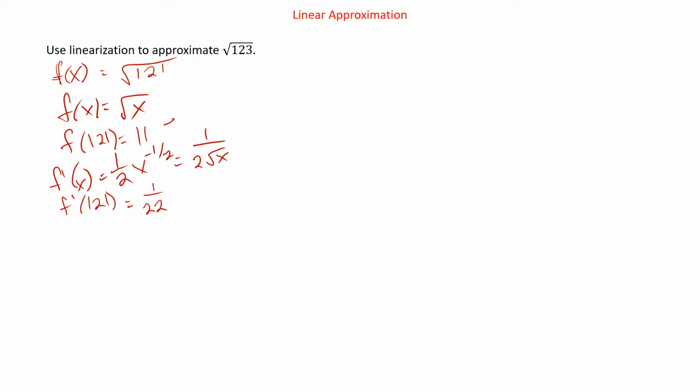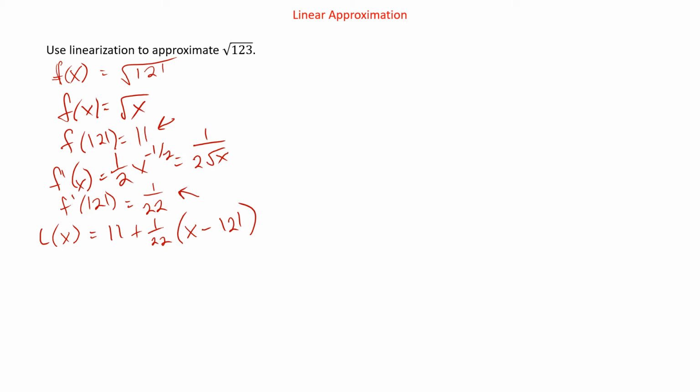So we've got our point, we've got our slope. L of x equals 11 plus 1 over 22 times x minus 121. So it just goes right into the point slope equation.